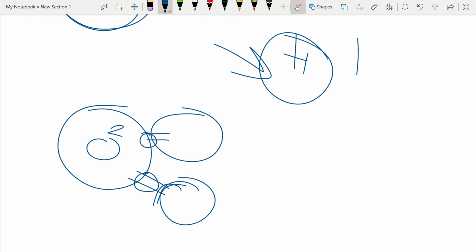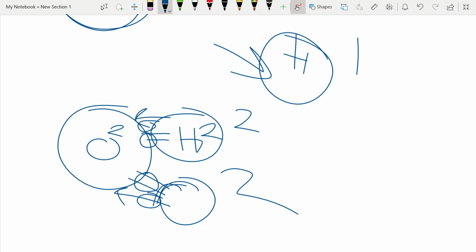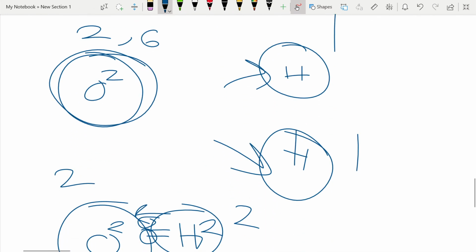So now this hydrogen has got 2, this hydrogen has got 2, and this oxygen has got shared electrons from these 2 hydrogens. Together the electrons make a configuration of 2, 8. So not only the same valency can come together, it can be different.